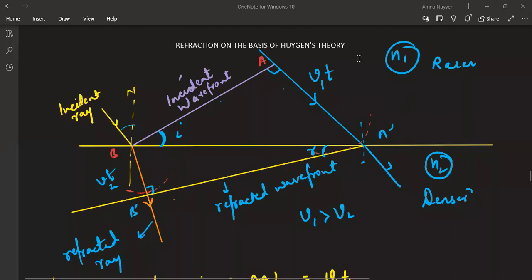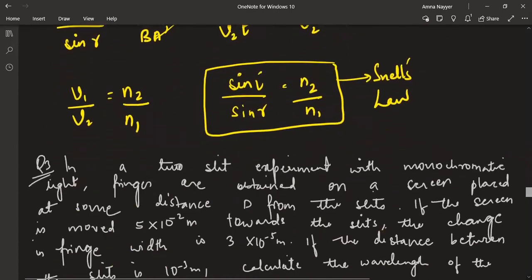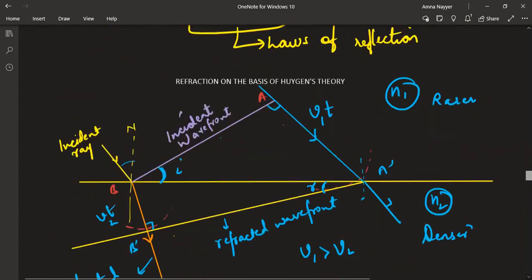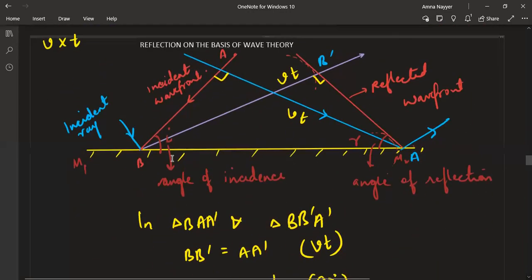Both of them are important, because I have told you in one set it can be given to you as refraction, in another set it can be given to you as reflection. So remember both of these. This is very easy to remember. You just have to prove Snell's law in refraction, and angle i is equal to angle r in the reflection one. So these two are also important from Huygens principle.